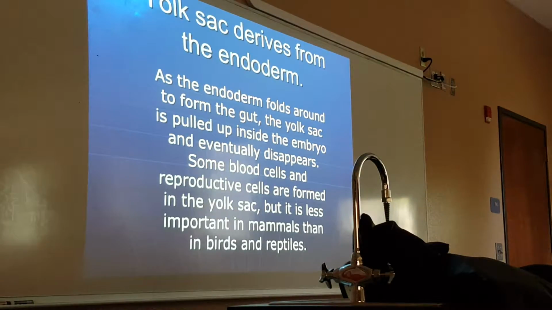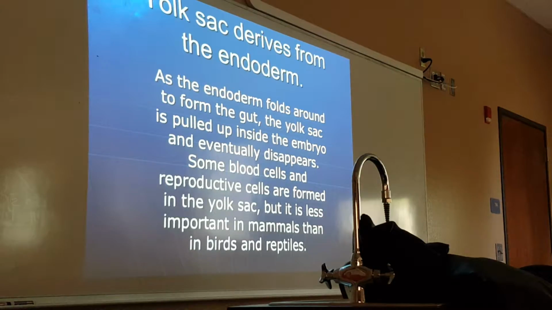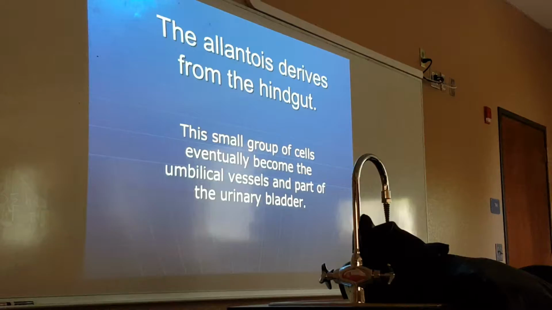As the endoderm folds around to form the gut, the yolk sac is pulled up inside the embryo and eventually disappears. Some blood cells and reproductive cells are formed in the yolk sac, but it's not very important. It's more important in animals that lay eggs, like reptiles and birds. Okay, the allantois basically evolves into the umbilical cord.